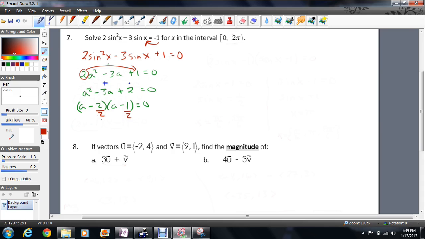So for the first one, 2 divided by 2, well that's just 1. There is no denominator left over. So we just have a minus 1. Here though, I'm going to put the 2 back in front. This fraction 1/2 is already simplified. So I have 2a minus 1 is equal to 0.